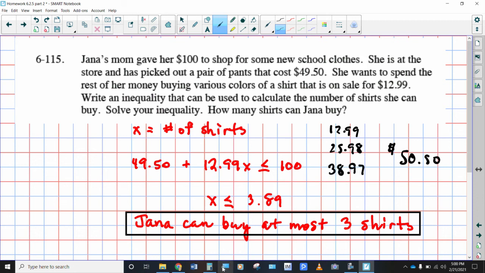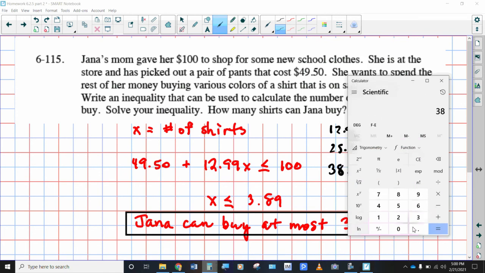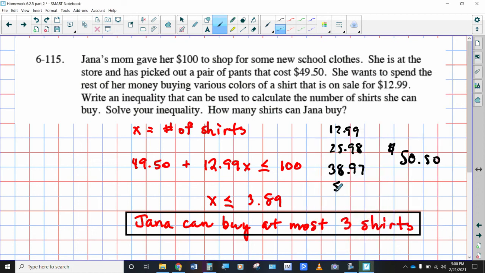And what about for 4 shirts? $38.97 plus 12.99. Can she buy 4 shirts? No. That would be $51.96, but she only has $50.50 remaining. So you cannot buy 4 shirts, but you could buy 3 shirts.